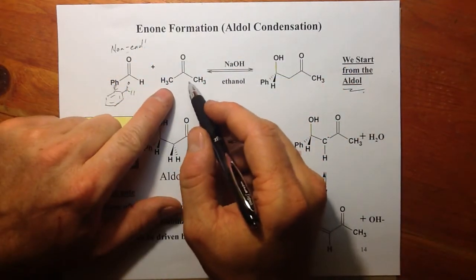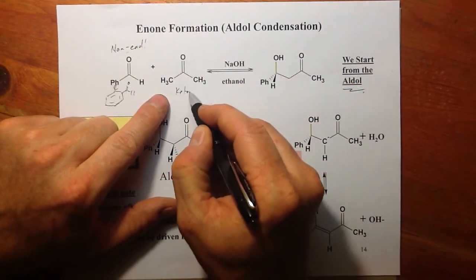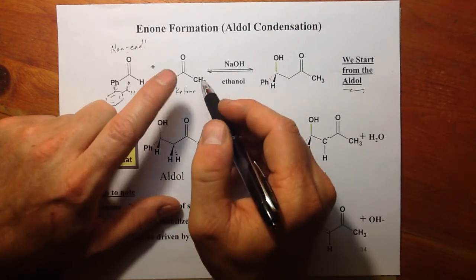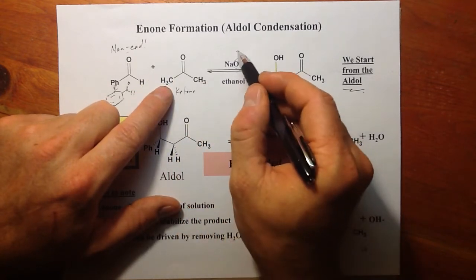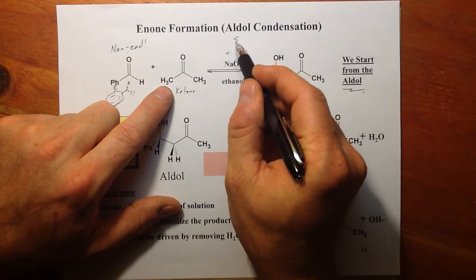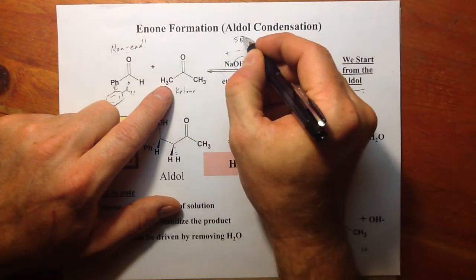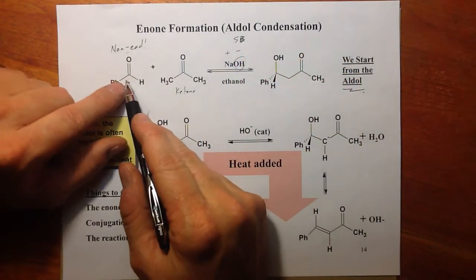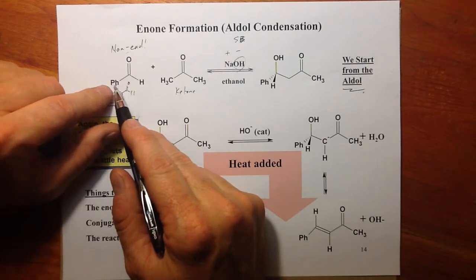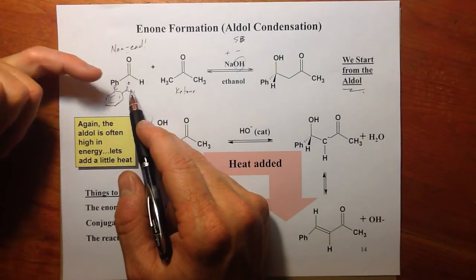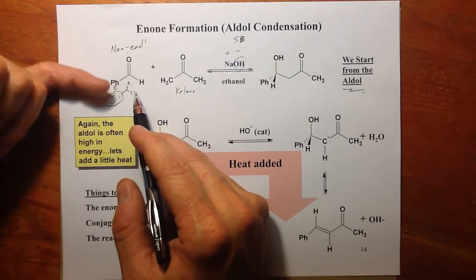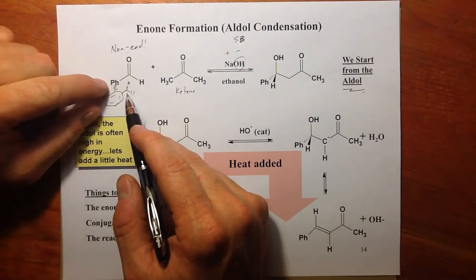This is acetone, a ketone, which is enolizable. So we're going to start by taking that strong base, hydroxide, and we can't attack an alpha proton here. There is none. There is no enolizable position here. We have no alpha proton.